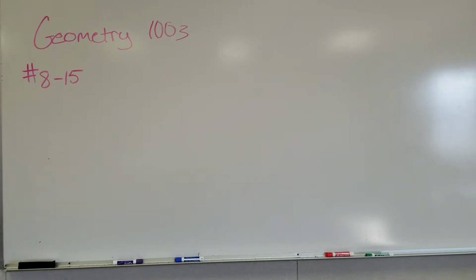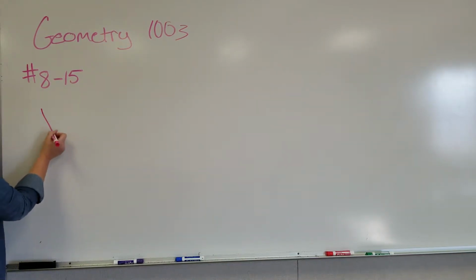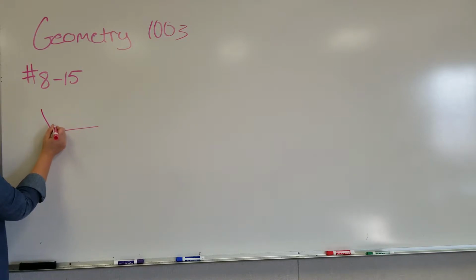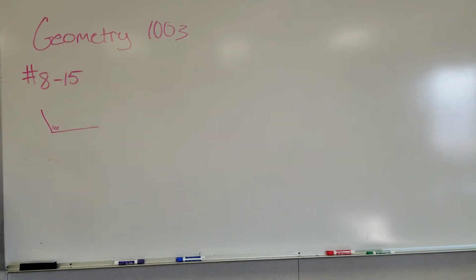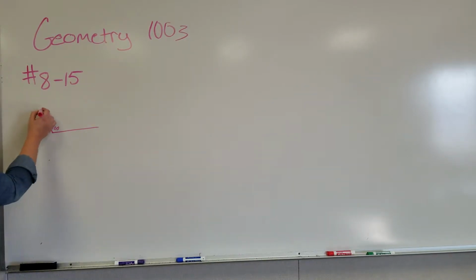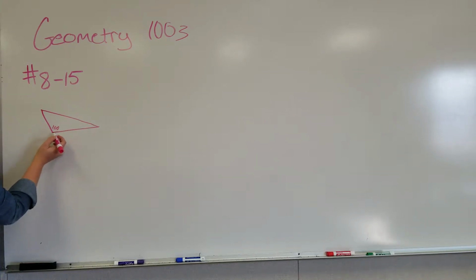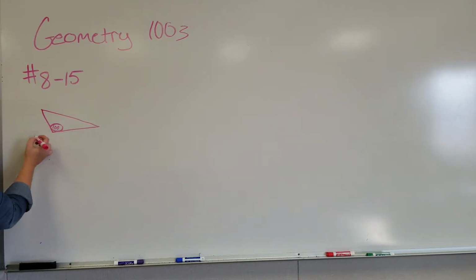Number 8 says, one angle of a triangle is obtuse. So if you remember from the last problem, obtuse means it's bigger than 90 degrees. So say this angle is 100 degrees. It says, the sum of the measures of the other angles must be less than 90. This is true because every triangle has to have 180 degrees.